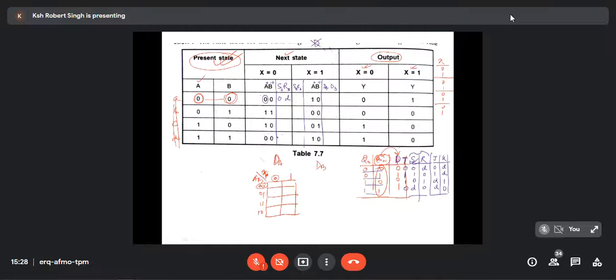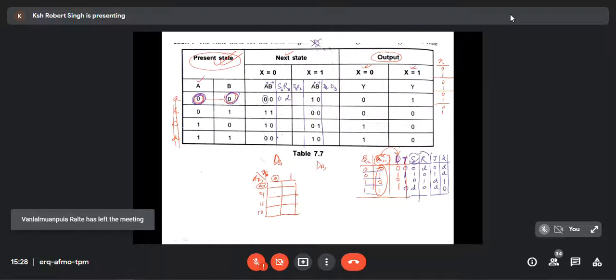Anyway, now what we are going to see exactly is this: 2 bits, 1 bit and 1 bit. For this particular bit, 1 flip-flop. For this bit, another flip-flop.